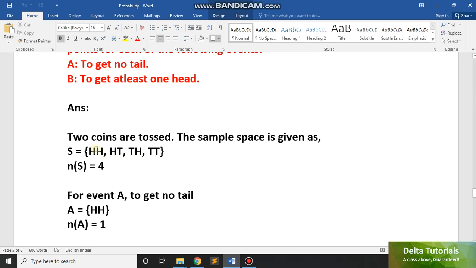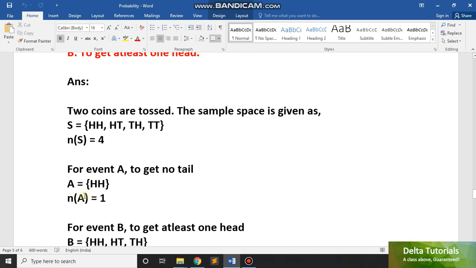So only one outcome has no tail. So our answer for event A is, in curly brackets, HH, and as the number of sample points is only 1, n of A is equal to 1 in this case.